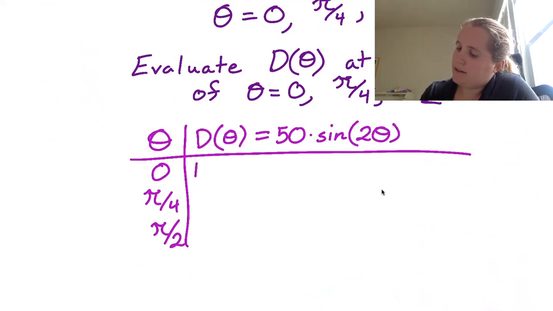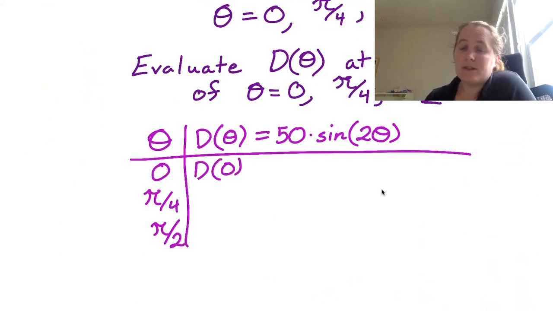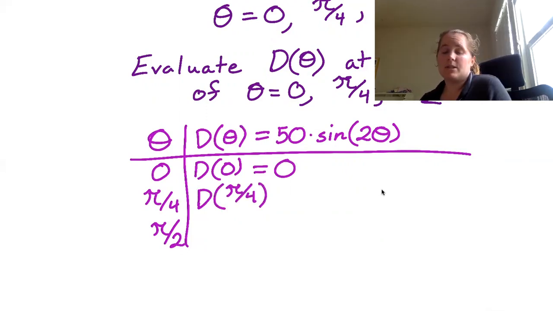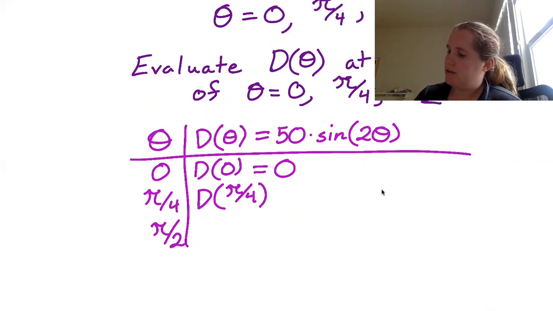So d of 0, we're looking at 50 times sine of 0, which is 0. At pi over 4, we are looking at 50 times sine of pi over 2, which that sine is 1, so we get 50.